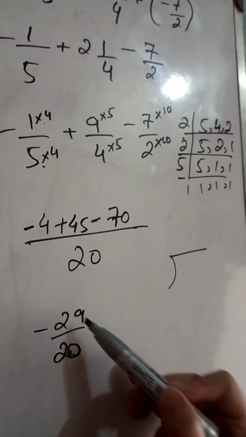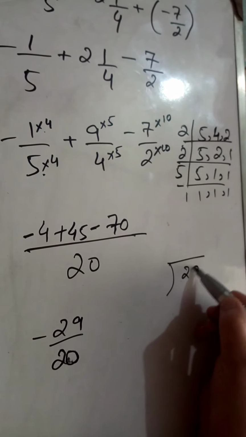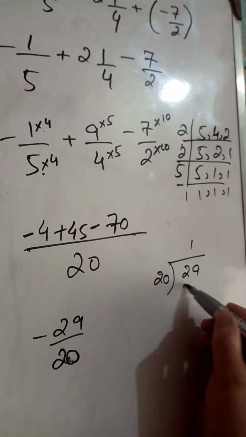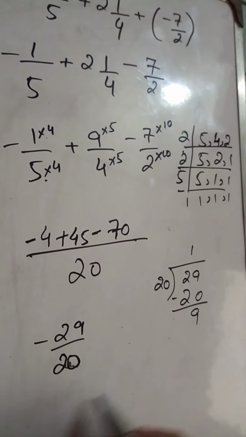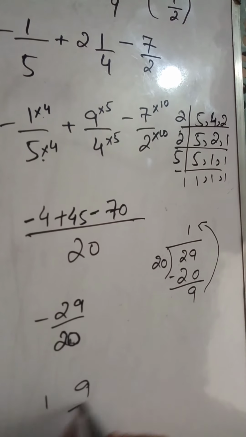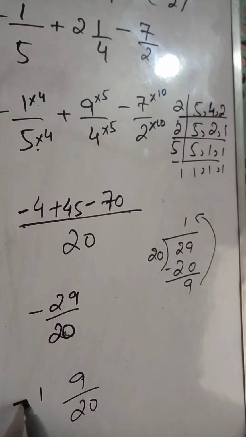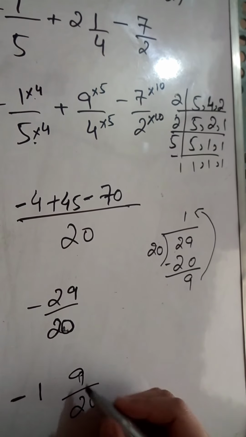We should always have the smaller term above in the numerator. Whenever you have the greater term, there is a need to divide that number. So 1 20s are 20, 29 minus 20 is 9. So write down in the mixed form 1 whole 9 by 20. And what is the sign? Minus. Always put that sign also with the answer, carry that sign forward.